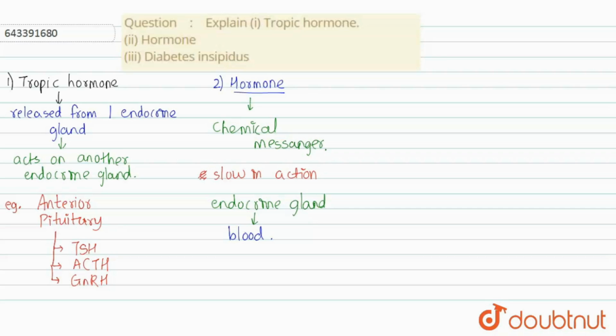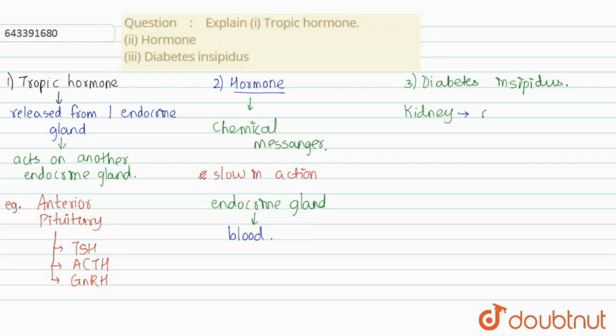Now the last thing that we had been asked is diabetes insipidus. So what is diabetes insipidus? It is a disorder. Normally, inside the kidney, there is reabsorption of water to prevent the excessive loss of water from the body.